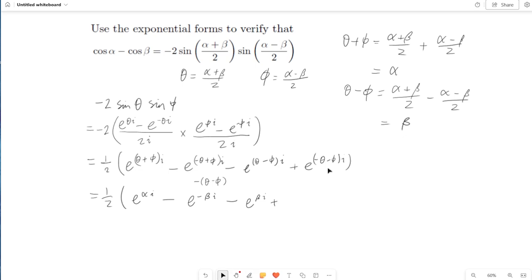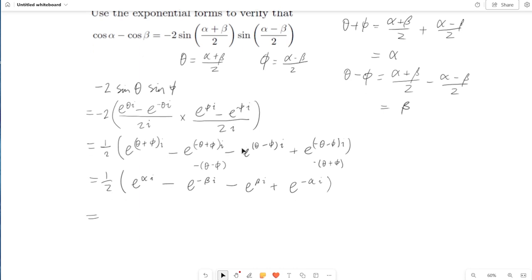As you can see, we once again end up with 2 pairs of conjugates. So we just move things around.